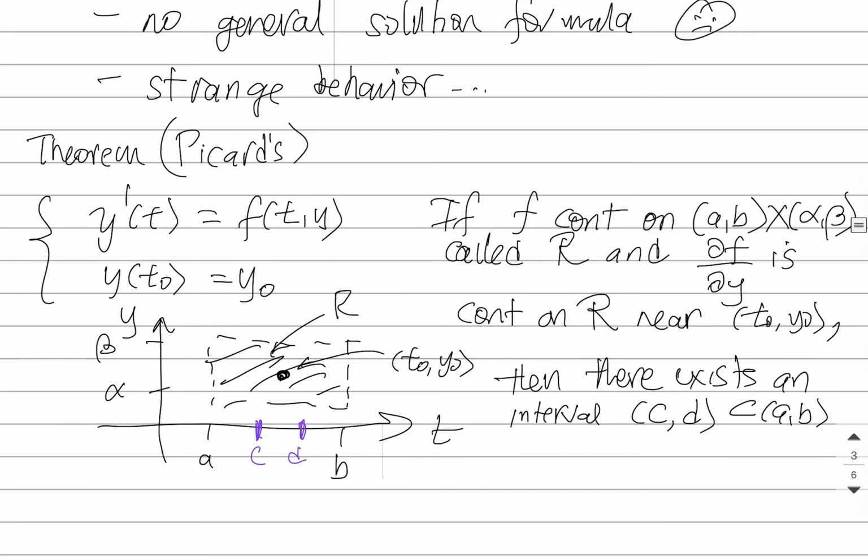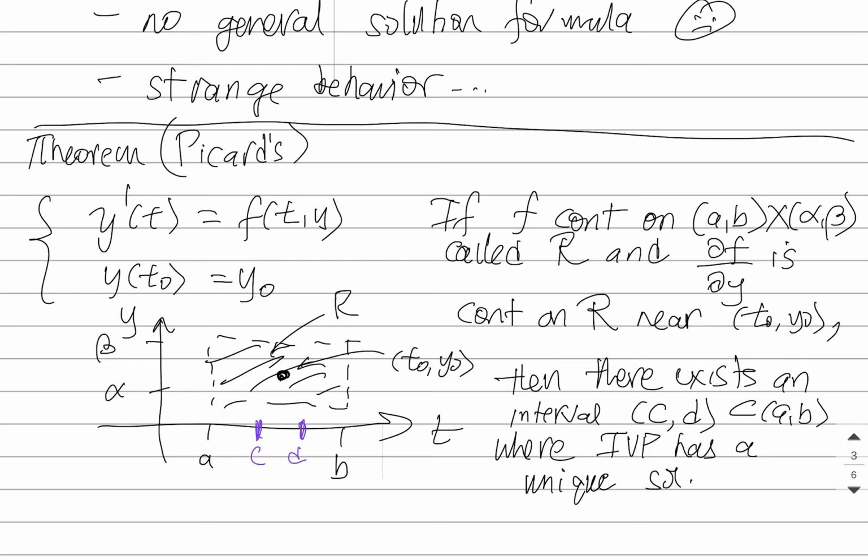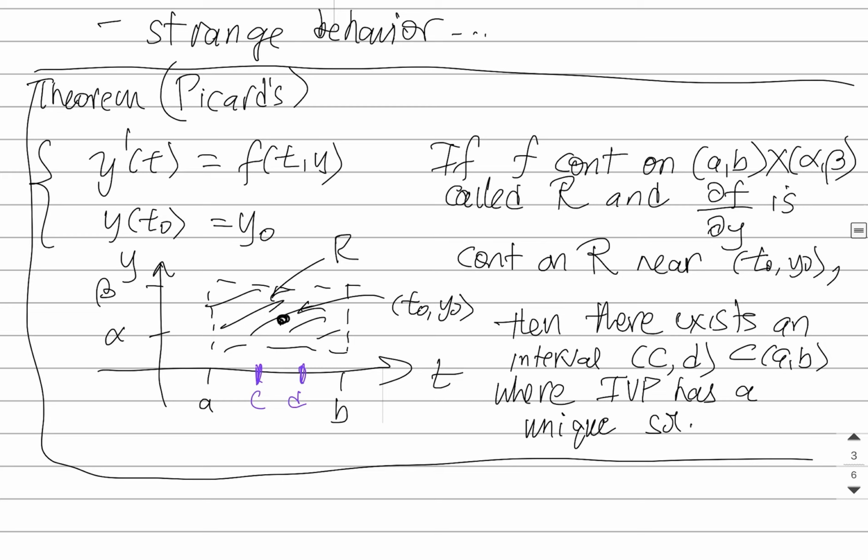So this interval exists where the initial value problem has a unique solution. So that's another theorem. Proving this requires more in-depth analysis, but that's not really the point of what we're doing here. We're just trying to see what we can say.